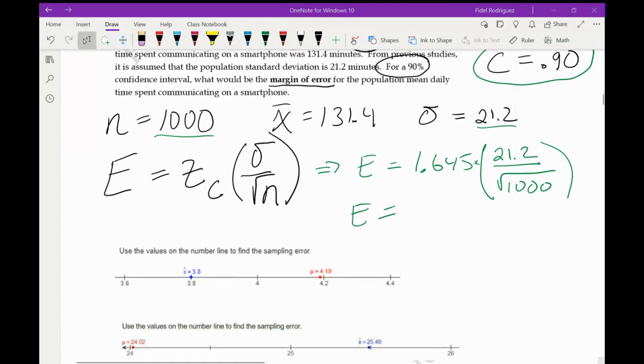So I'm just going to type it out: 1.645 times parentheses 21.2 divided by the square root of 1,000, closing, hit enter. And what I came up with here was 1.103.